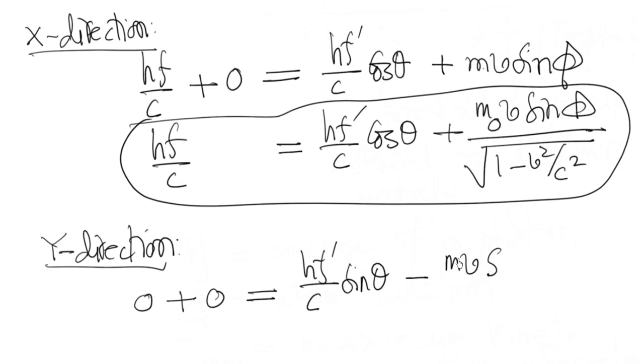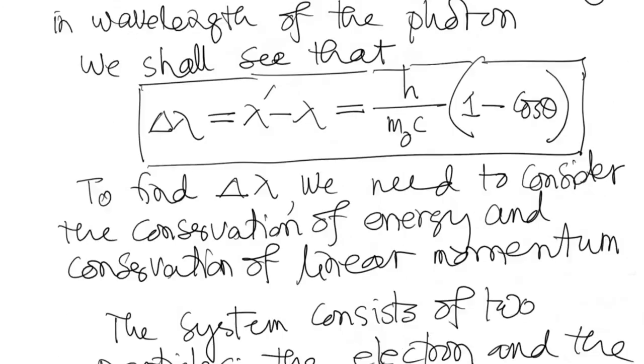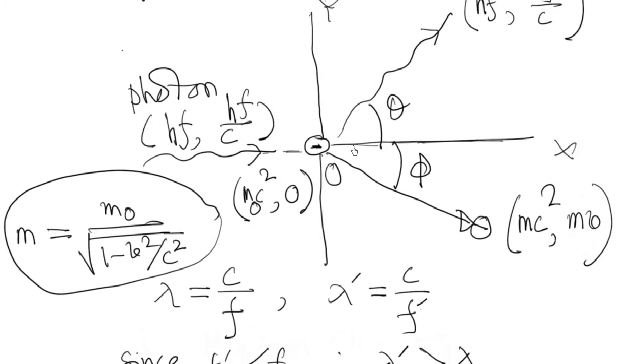Okay, I'm sorry, this one will be cos, because we are taking the component along the x direction, so this is not sine, this is cos. You see, we are taking the component along the x direction, so this m will have a cos phi factor here.